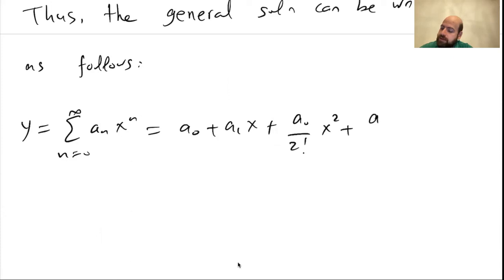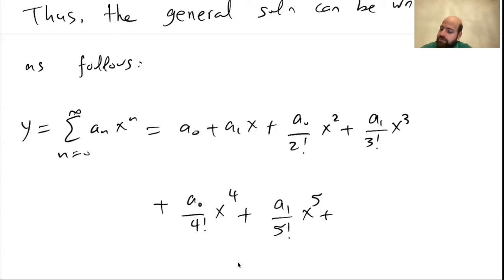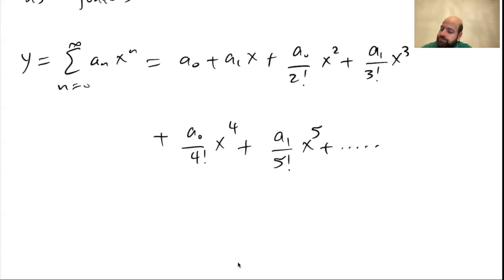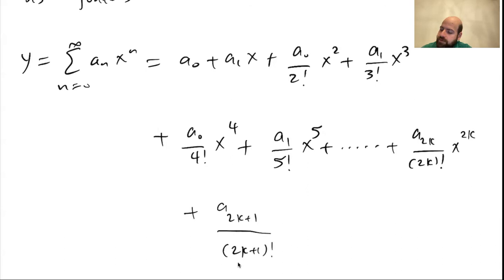Then a3 was a1 over 3 factorial x cubed. a4 was a0 over 4 factorial, then times x to power 4, then a1 over 5 factorial x to power 5, and so on. Then we have a0 over 2k factorial x to power 2k plus a1 over 2k plus 1 factorial x to power 2k plus 1 plus dot dot dot.